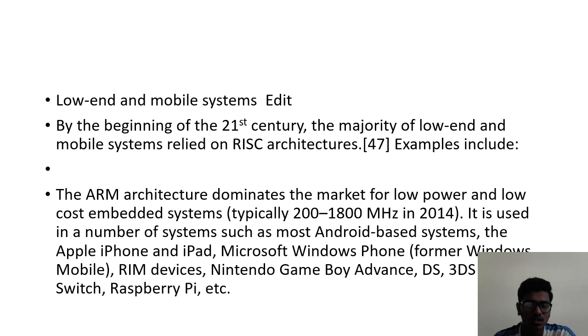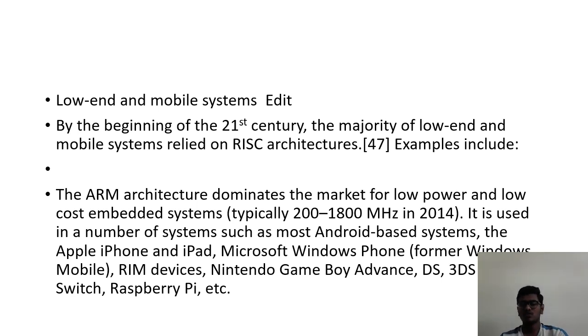It is used in a number of systems such as most Android-based systems, the Apple iPhone and iPad, Microsoft Windows Phone, former Windows Mobile, RIM devices, Nintendo Game Boy Advance, DS, 3DS, and Switch, Raspberry Pi, etc.